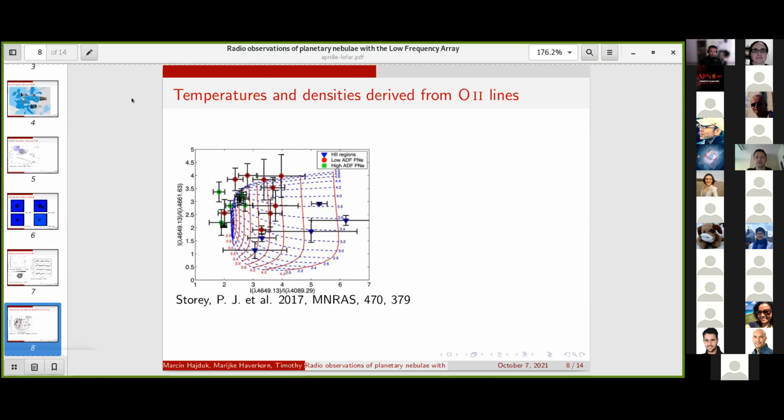Another hint comes from observations of recombination lines, because recombination lines show another plasma component in planetary nebulae, which has a lower electron temperature of the order of 1000 K or so.